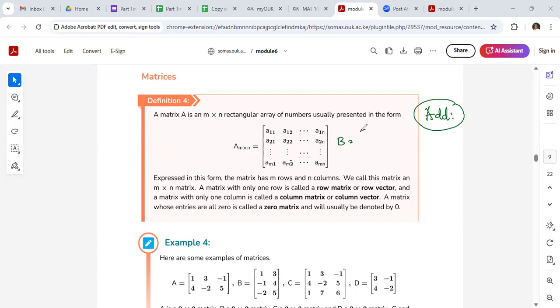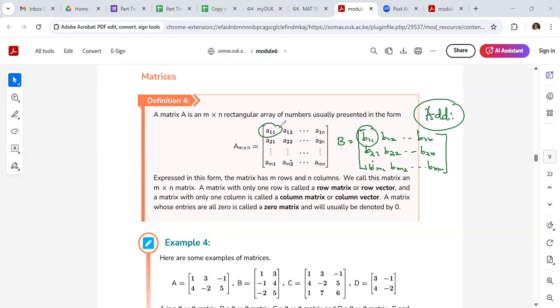Like I can write my matrix B here to be the matrix B11, B12, B1n, B21, B22, B2n, Bm1, Bm2, Bmn. So when you add matrices, you add corresponding components that occupy the same position.